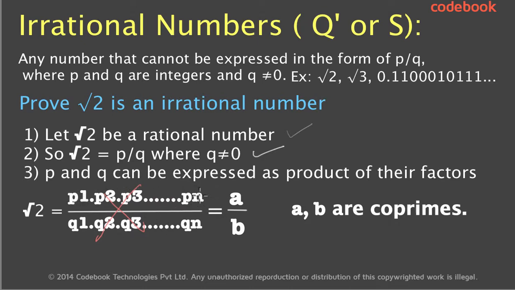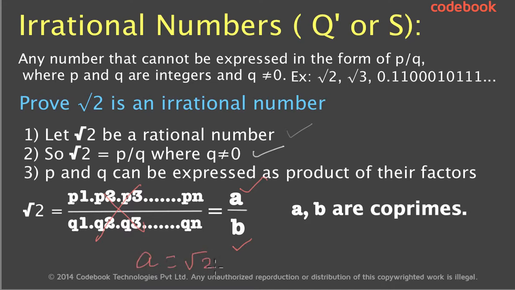Let the product of the primes in the numerator be a and the product of the prime factors in the denominator be b. We can call a and b co-primes because they do not have any common factor except 1.